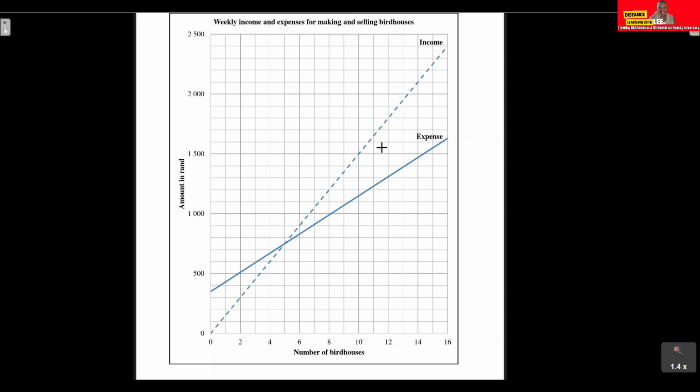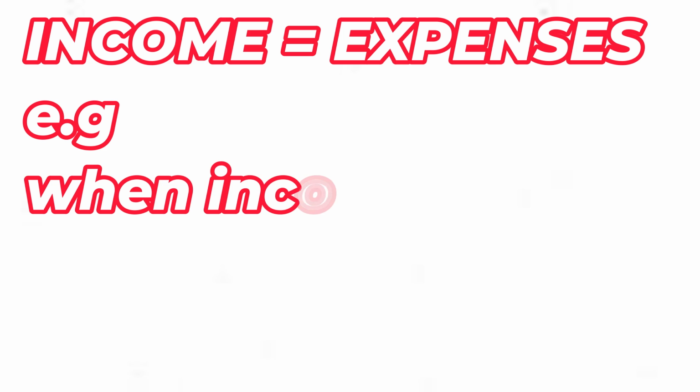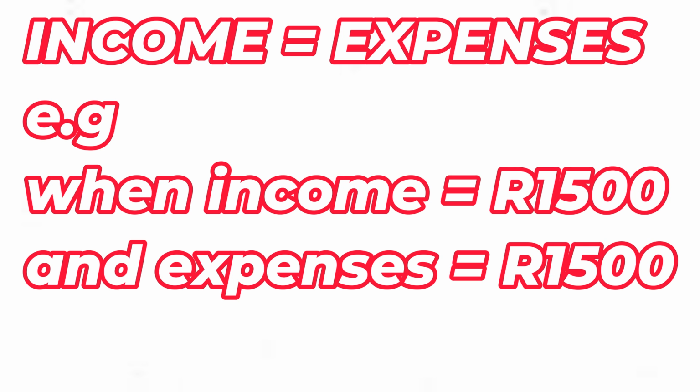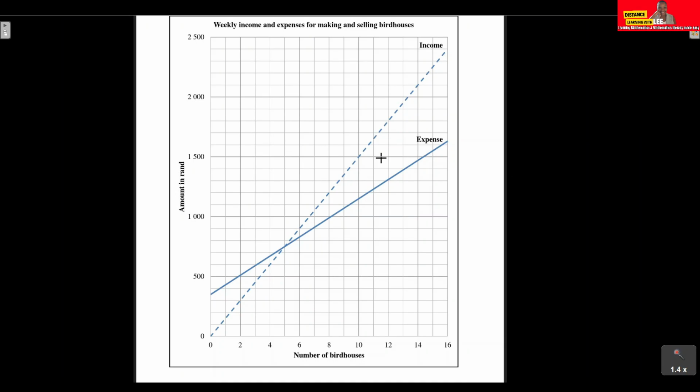When we're talking about a break-even point, we're talking about a point where your income and your expenses are equal. Looking at this graph, where would we say the income and the expenses are equal?